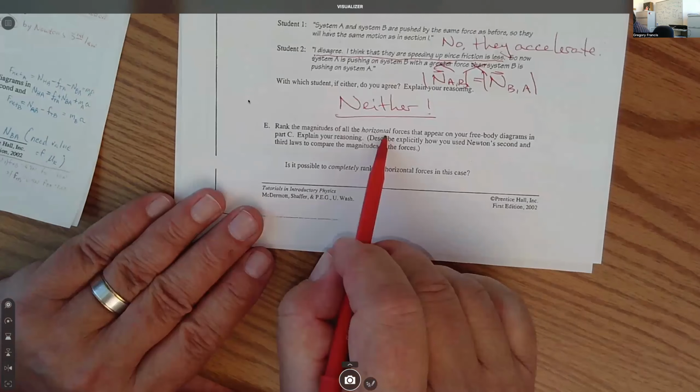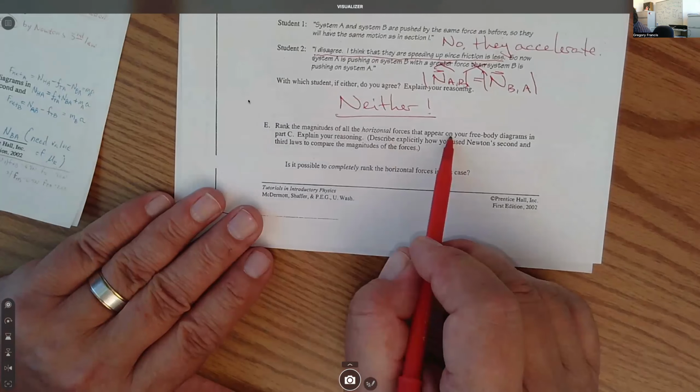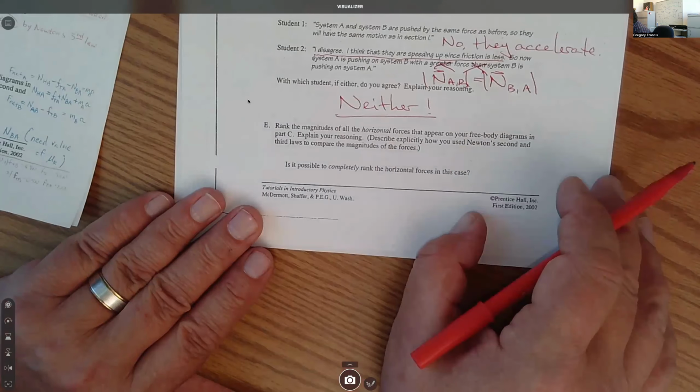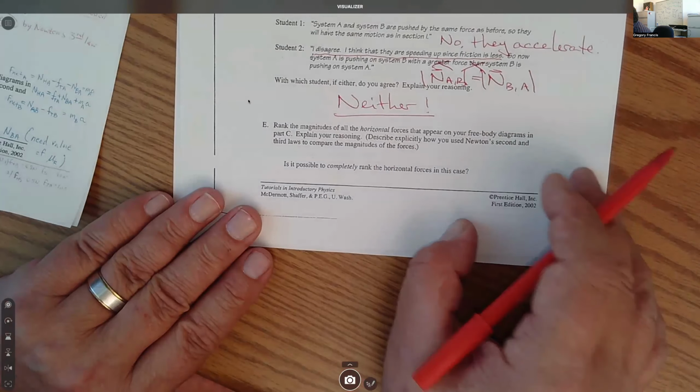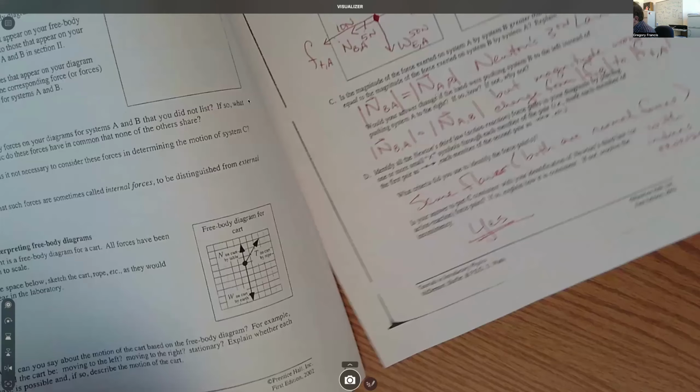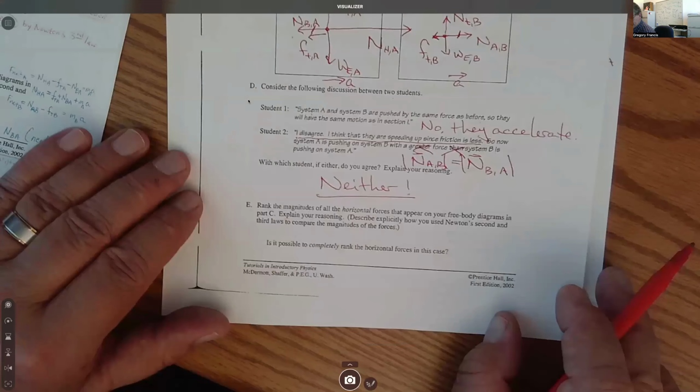If I rank the magnitudes of all the horizontal forces that appear on the free body diagram, I get a similar answer to what I had before.